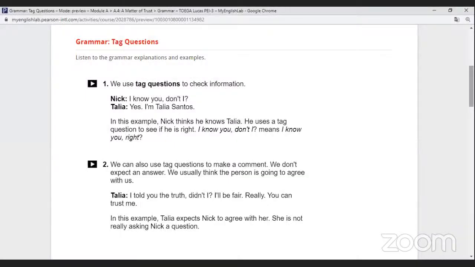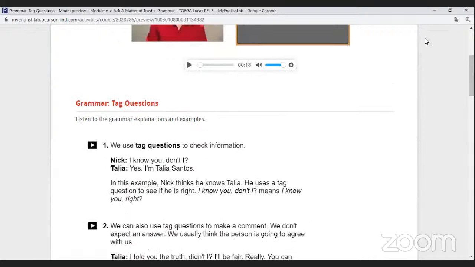We're gonna use tag questions when we know some information and we want to confirm that information. We're gonna use it to check the information.